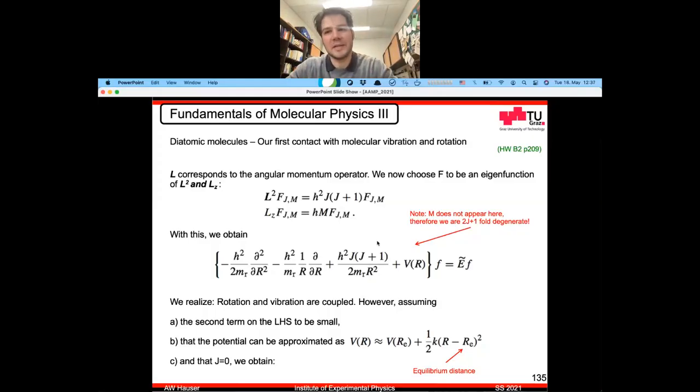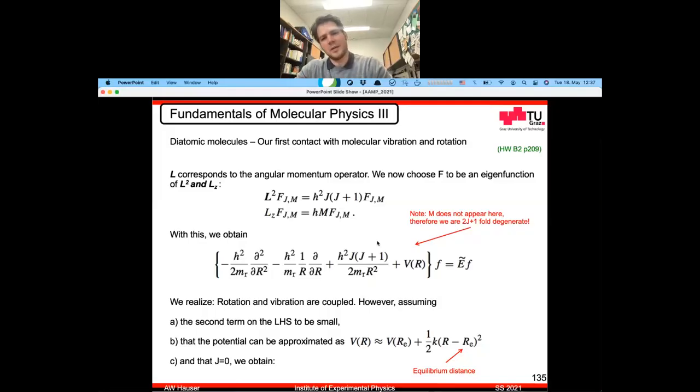And depending on its angular momentum, which is represented by the eigenvalue J, you get an energy which is quadratic in J. It's J times J plus 1 times h bar squared, and so on. These are the contributions, and the last term is this V of R, the potential term, so the electronic energy as a function of the internuclear distance.